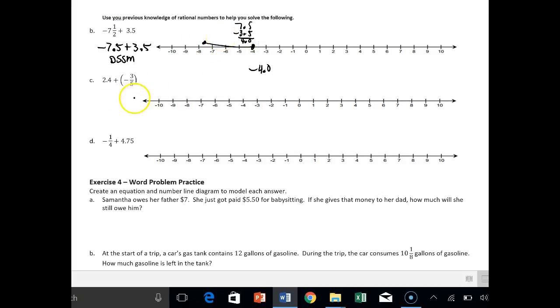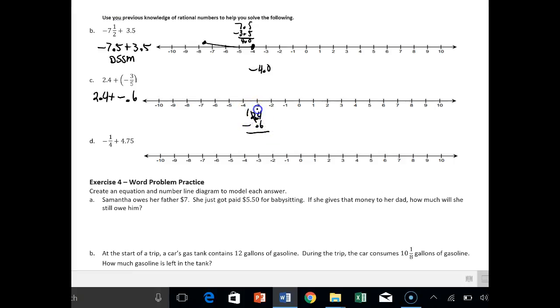Just like with 2.4 and negative 3/5, I would be like, okay, I don't super love fractions. So I'd say, hey, I'm going to rewrite this as 2.4 plus negative 0.6, right? Because 3/5 is 0.6. I can use my reference sheet. And then I'm doing 2.4, don't forget my decimal, sorry, minus 0.6. Notice how everything lines up. I'm going to have to borrow, right?